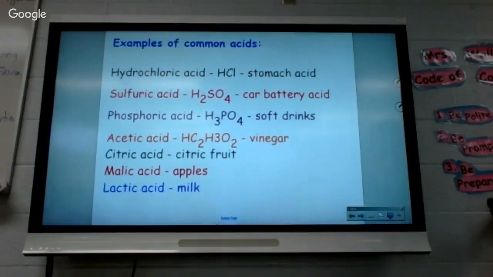Now, you don't need to write these down because I'm not going to give you time. Some common acids you might see. Stomach acid is hydrochloric acid. When you throw up, that burning feeling in your throat is acid coming up. It also eats the enamel off your teeth, which is how dentists can recognize people who are bulimic and throwing up constantly.